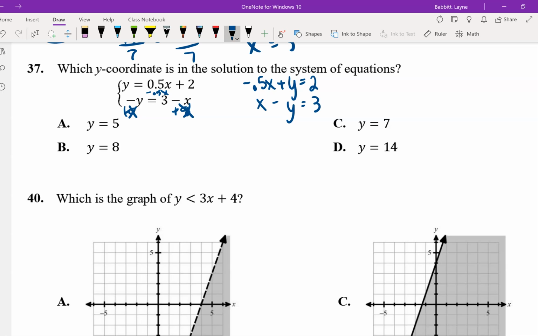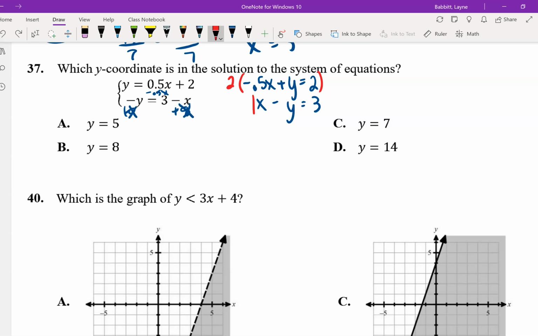Now, it's tempting to want to eliminate the y's because they're already opposite, but I think it'll be quicker in the long run if we just eliminate the x's. That way we have answers for y right away. So to eliminate the x, this is 1x, and I can get this one to be negative 1x if I just multiply the whole thing by 2, because a half times 2 is going to be a whole. Actually, I don't even want negative 2, I just want 2 because I want this to remain negative.